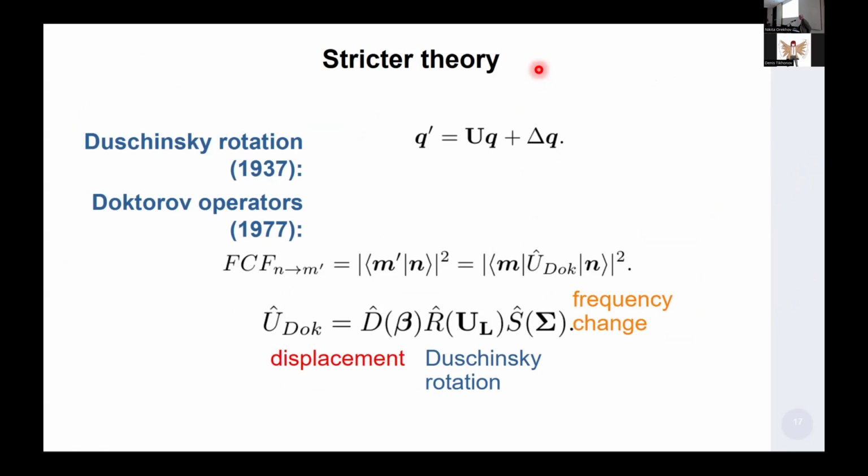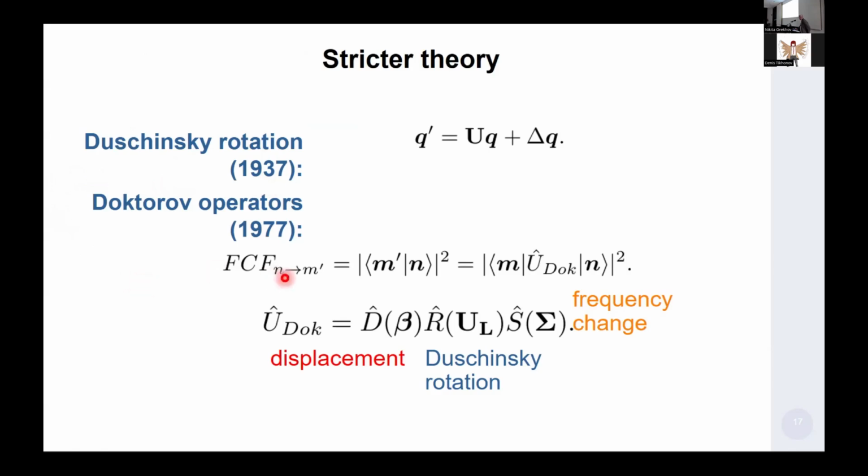Let's delve a bit into a stricter theory, and that's not what I showed to the managers. Formally, this Dushinsky equation is this. The normal modes in the excited state are a linear transformation of the normal modes in the ground state plus the displacement. You know, there were interesting things being done in the Soviet Union in 1937, not only those we are all aware of, but also the Dushinsky rotation was introduced there. And 40 years later, in the same place in Moscow, Doktorov and co-workers derived this in a stricter way.